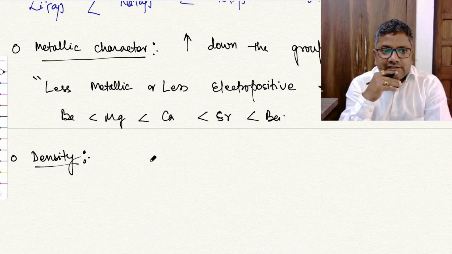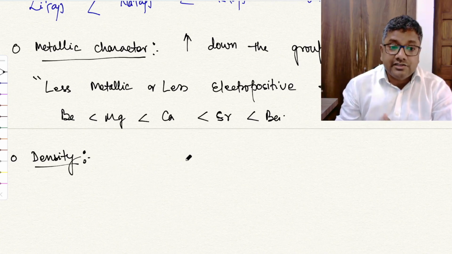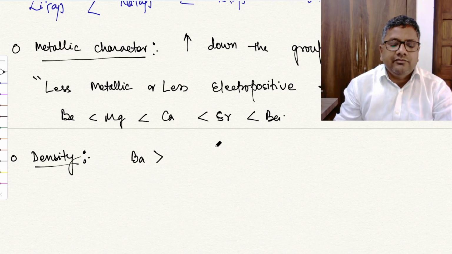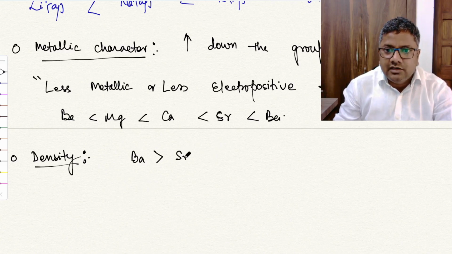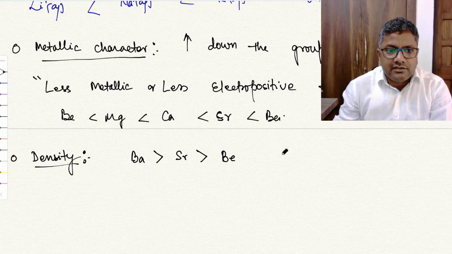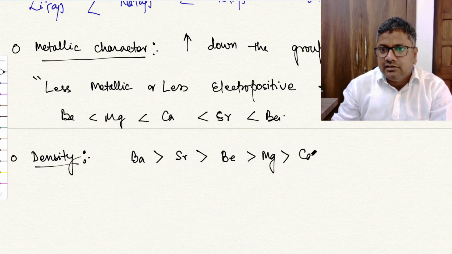There is no regular pattern, although it increases down the group, but barium has the highest density. After barium we have strontium, and then beryllium at 1.85, after that magnesium, and then calcium, right?